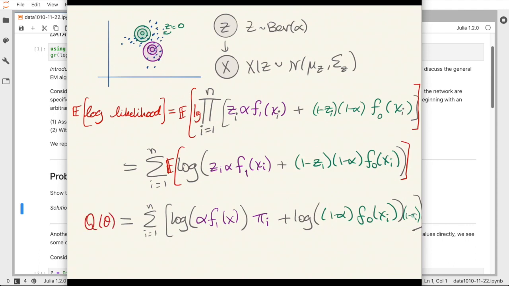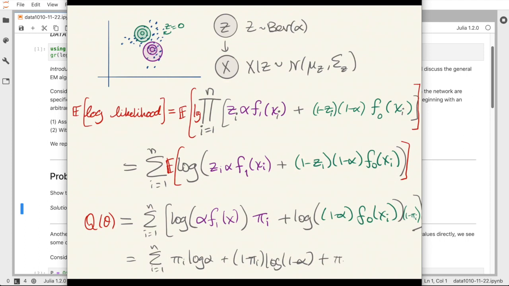And notice that the theta comes in here because it includes alpha, which shows up here and here, and it includes mu1, sigma 1, and mu0, sigma 0, which show up in these densities f1 and f0. So if we want to find a value of alpha that maximizes Q, we can differentiate with respect to alpha and set the result equal to 0. For each term here, we get pi i log of alpha plus 1 minus pi i log of 1 minus alpha, plus some other stuff that doesn't involve alpha.